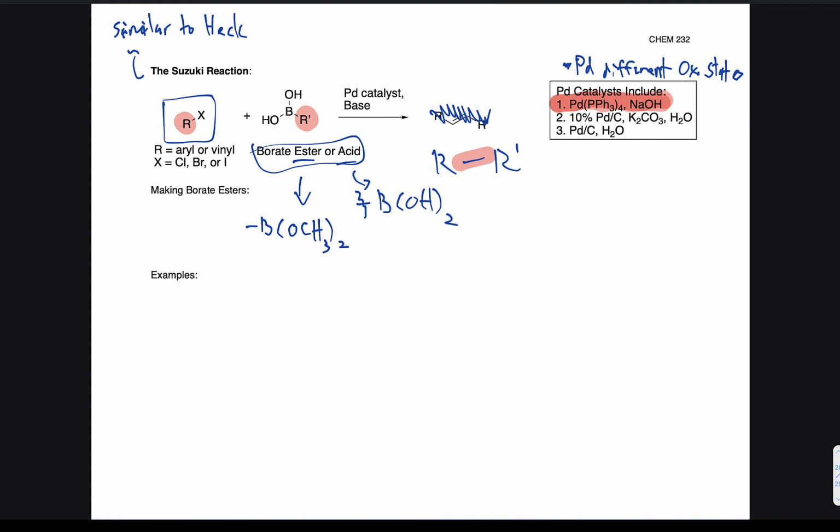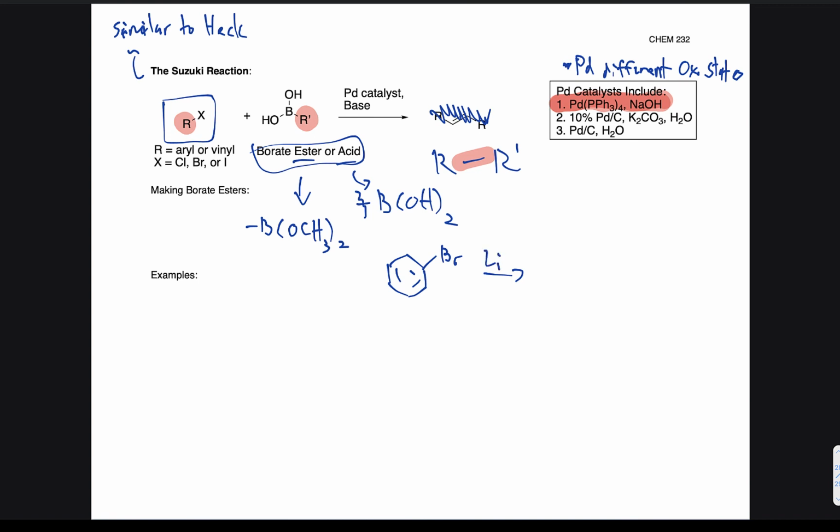And to make borate esters, it's similar to what we've seen with Grignard reactions. So taking a species like this, an alkyl halide of some sort, just like Grignard reactions, and then substituting in lithium.